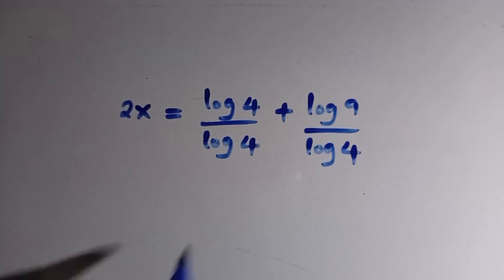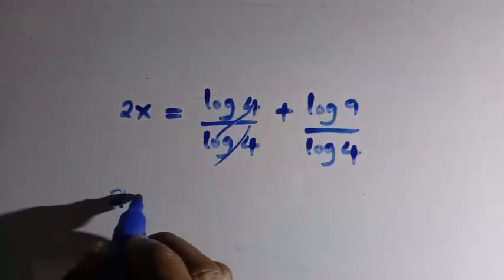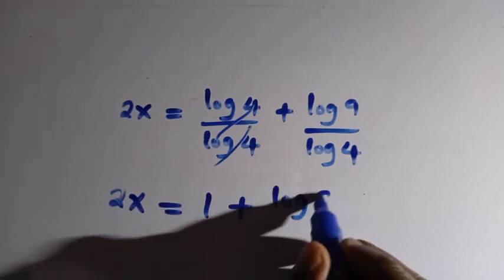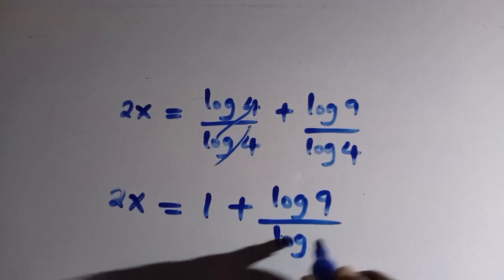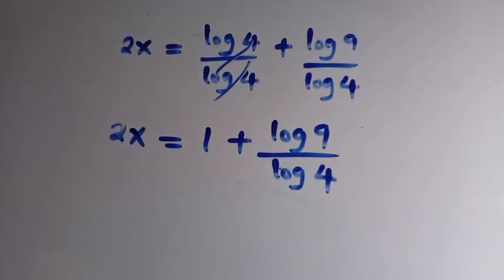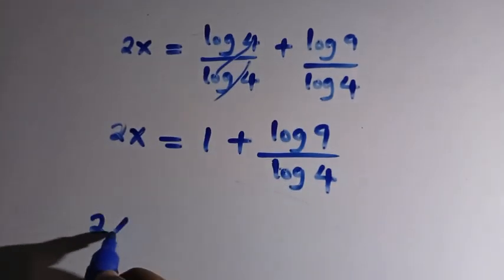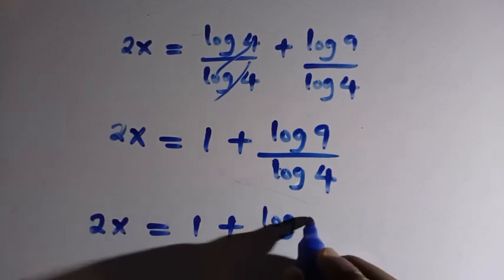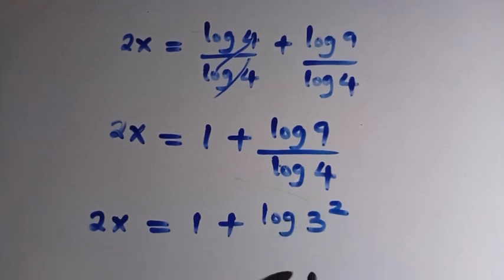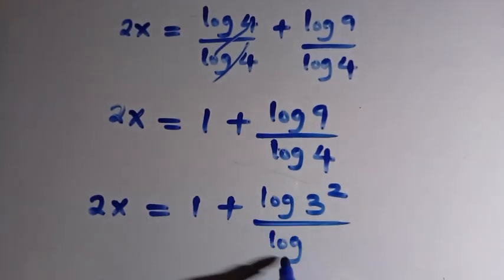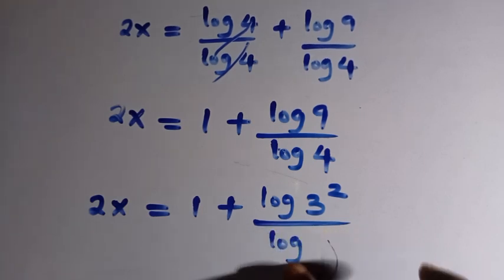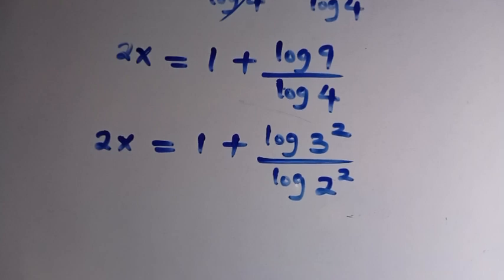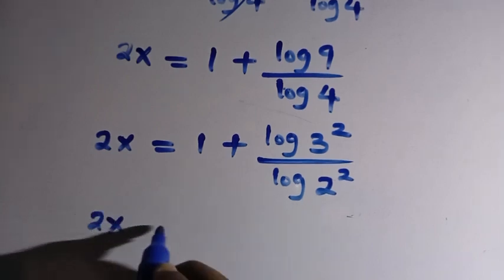Log 4 cancels log 4. So here we have 2x equals 1 plus log 9 divided by log 4. Log 9 we can write as log 3 power of 2, that is 9, divided by log 4, and we can also write that as 2 power of 2.